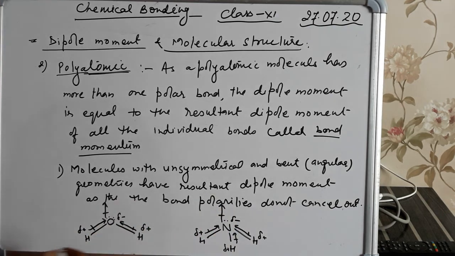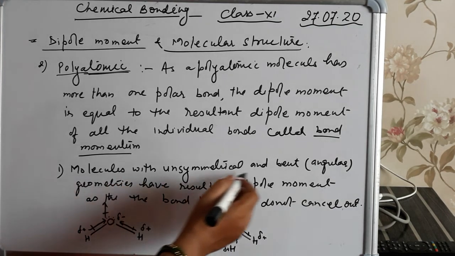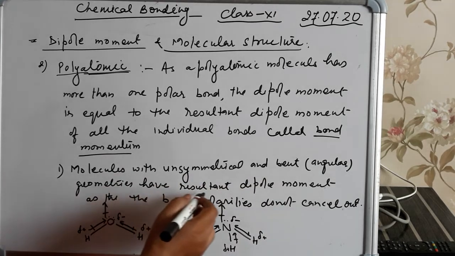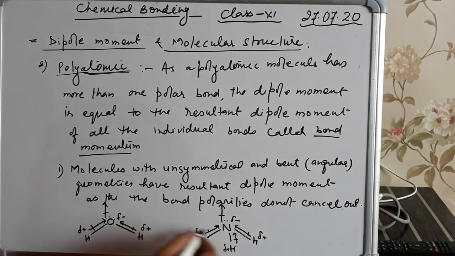So molecules with unsymmetrical and bent geometry have a resultant dipole moment as the bond polarities do not cancel out. In this way we can represent the molecules with unsymmetrical and bent geometry.